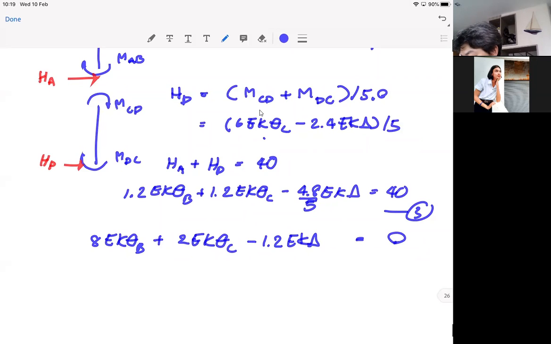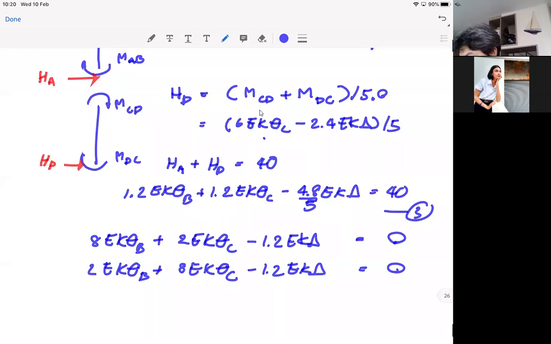The second one is 2 EK zeta B plus 8 EK zeta C minus 1.2 EK delta equal to 0. And the last one, 1.2 EK zeta B plus 1.2 EK zeta C minus 4.8 over 5 EK delta equal to 40.